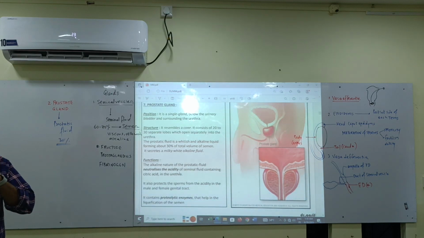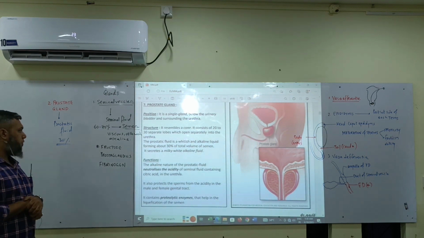So in order to keep that area sterile, free of germs, it has to be highly acidic. But in that acidic medium, who will die? Sperms. Okay. So in order to neutralize that acidity in the vagina area, we have all these fluids whose nature is what? Alkaline. They neutralize the acidity of the vagina. And prostatic fluid is one of them.